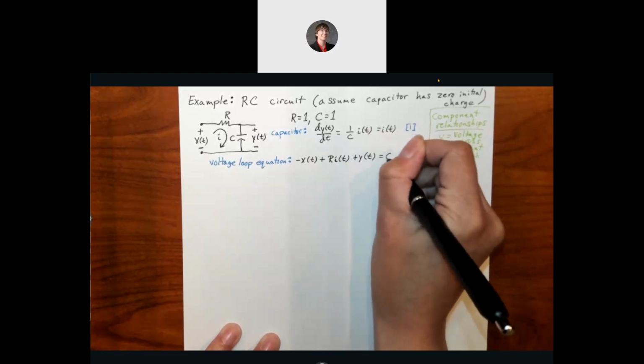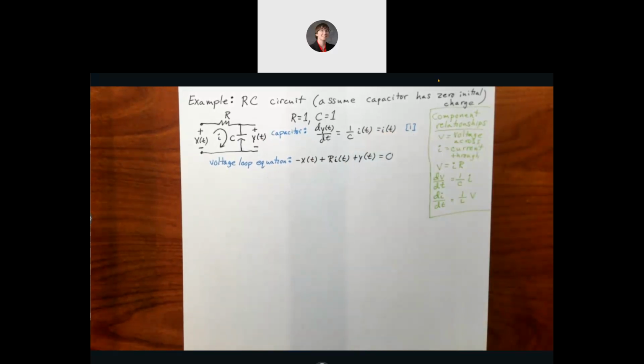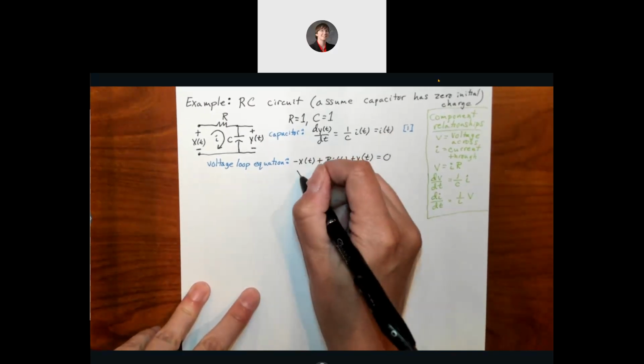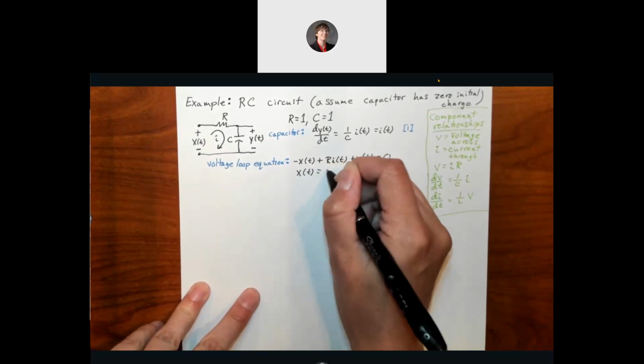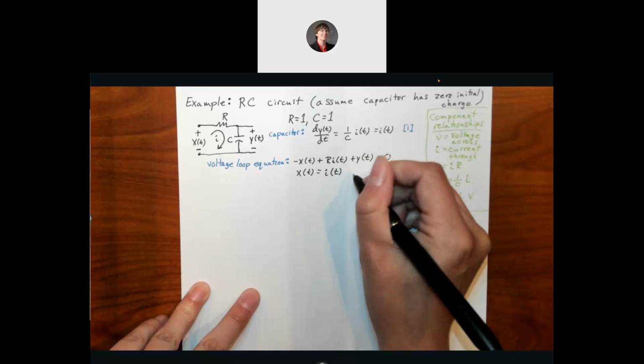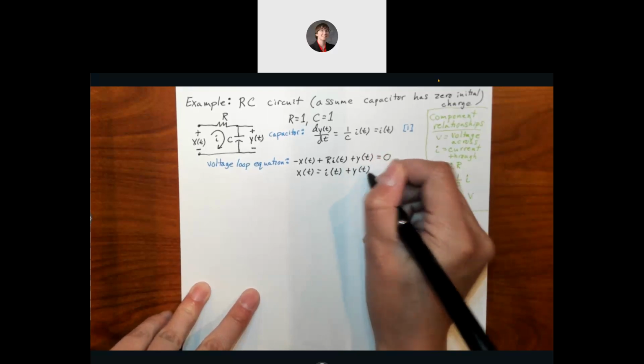The voltage around the loop is 0. So I'll take this x of t to the other side. We have x of t is I. I'm going to plug in R equals 1. Let's call this equation 2.